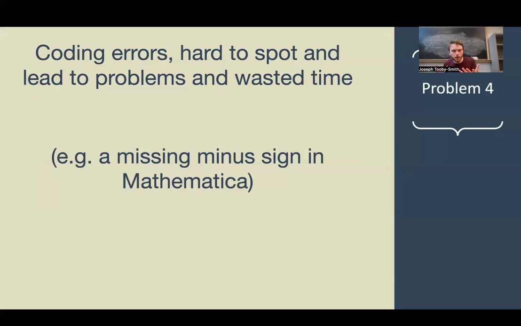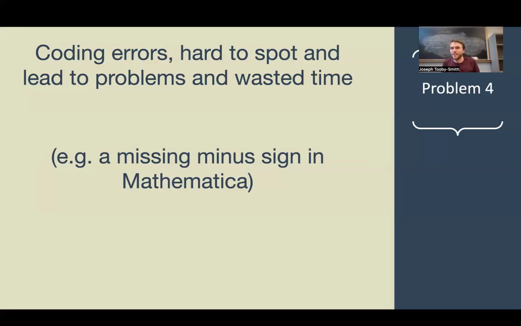Depending on how long the code is, there could be minor sign errors. There could be other sorts of mistakes in there. And often these are hard to spot. Sometimes they waste time because it takes years and years to realize that there's actually a mistake in these code systems. And they can lead to results which are just incorrect. So that's problem number 4.